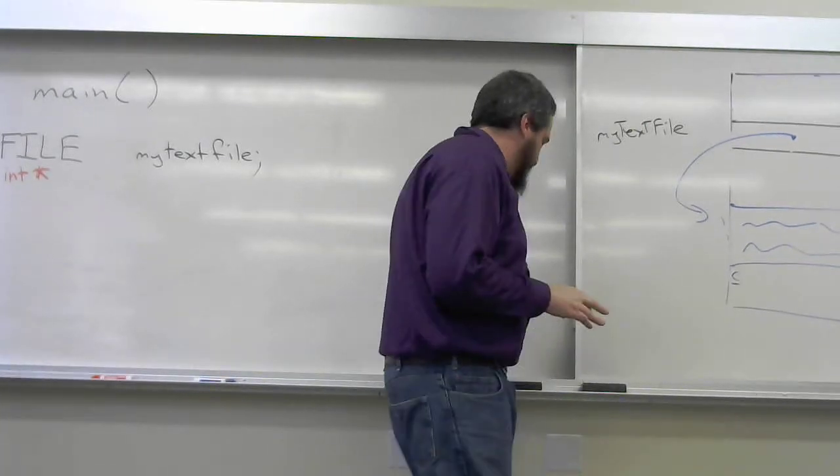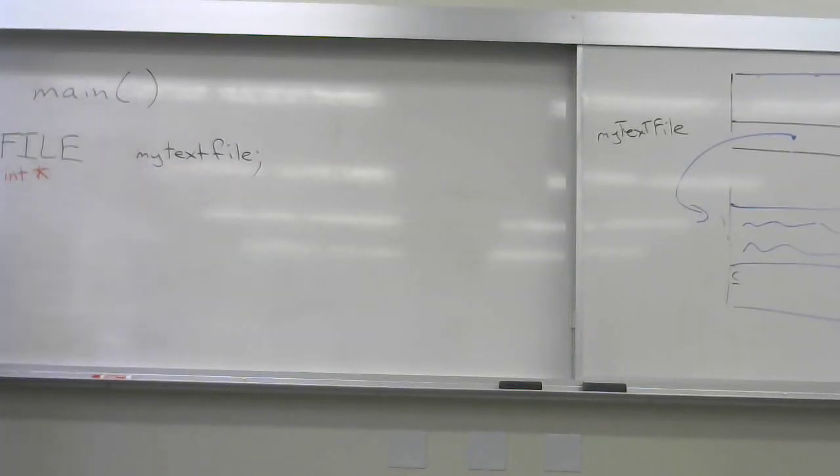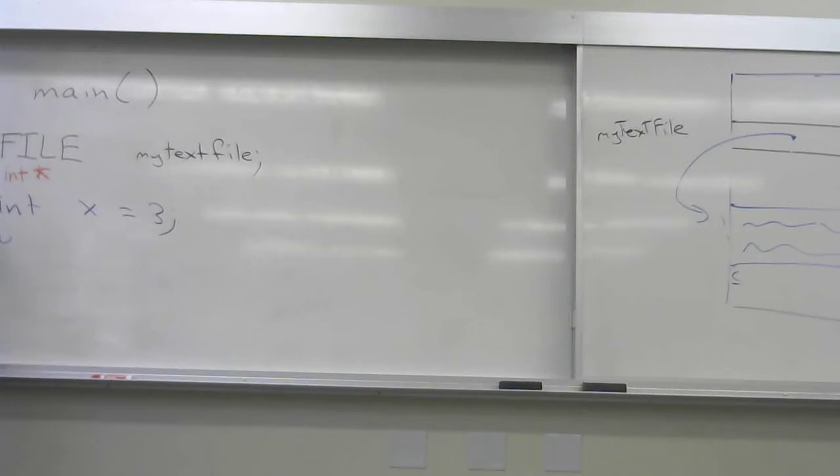So for example, in the file, which is a text file that looks like that, I can also say something like this. Int x equals 3, float y equals x. I can do something like that in Java as well, but what am I doing here?